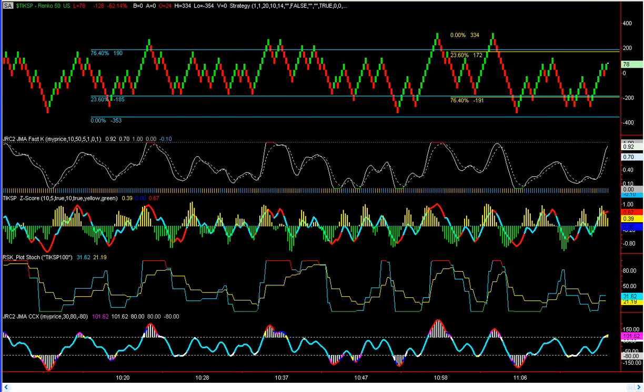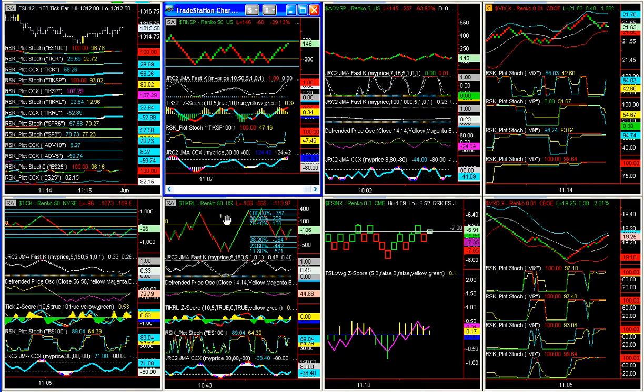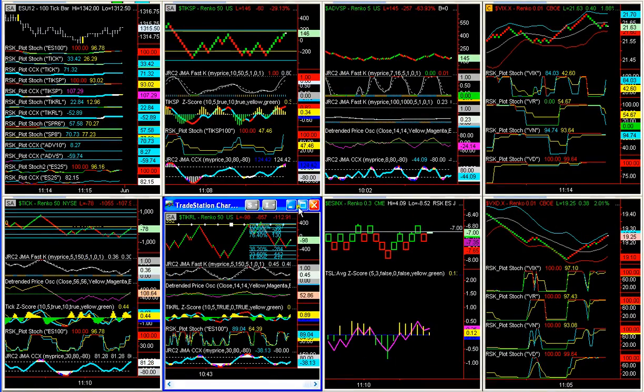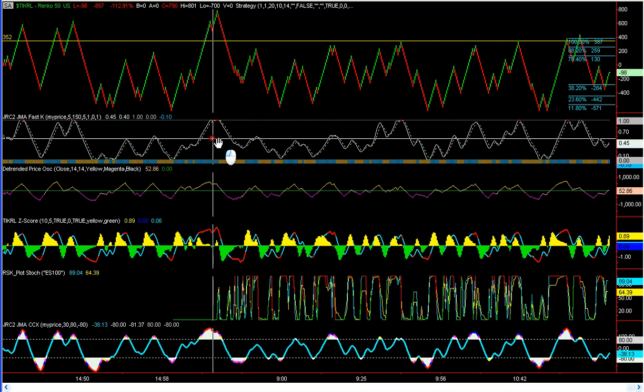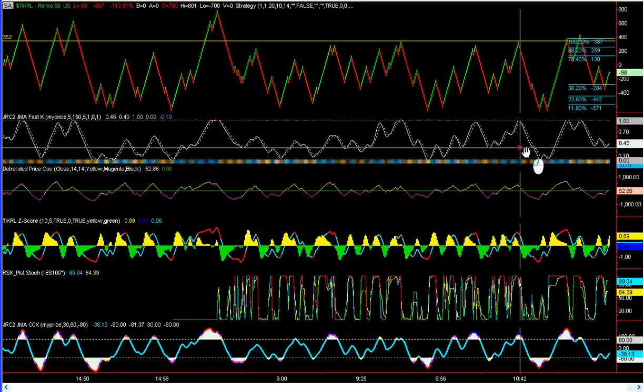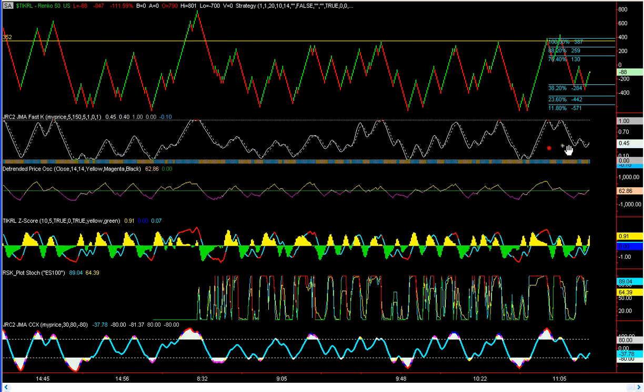So the same concept then applies to the tick of the Russell. Overextended here, here, here, a couple of times here on the stochastic. There's your Z-score and your CCX.